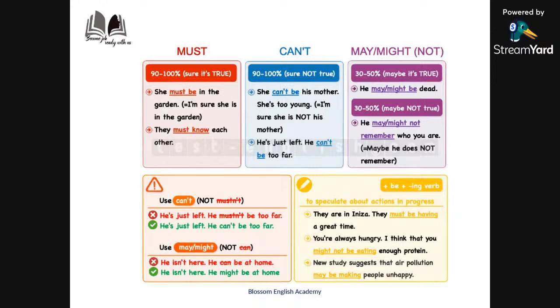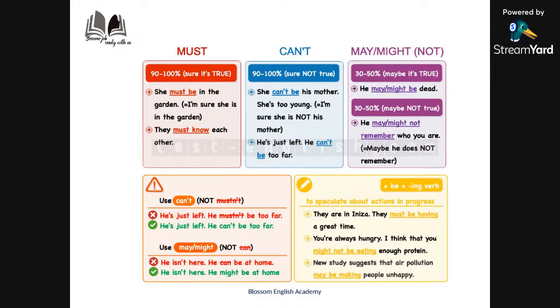For example, "She must be in the garden," which means I am sure that she is in the garden, and "They must know each other." And "can't": you are sure that the sentence is not true. Again, same 90 to 100%.